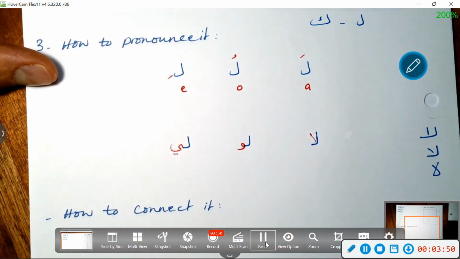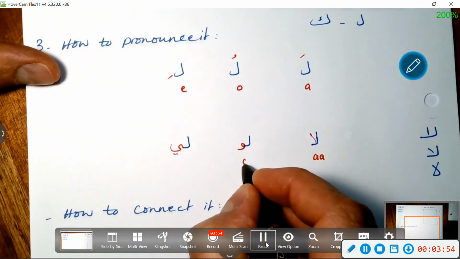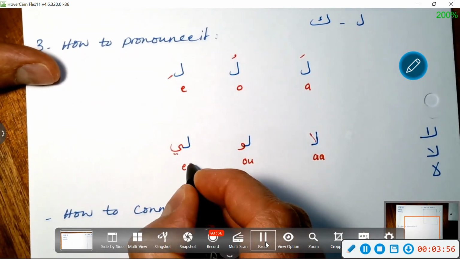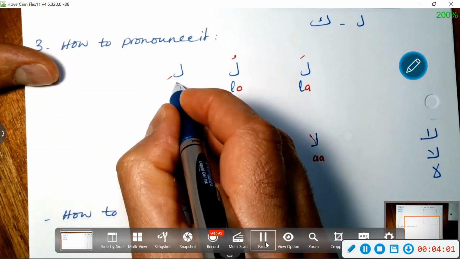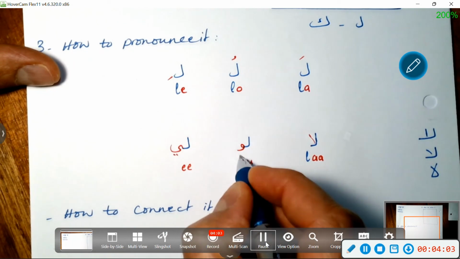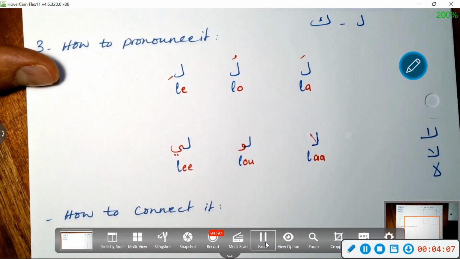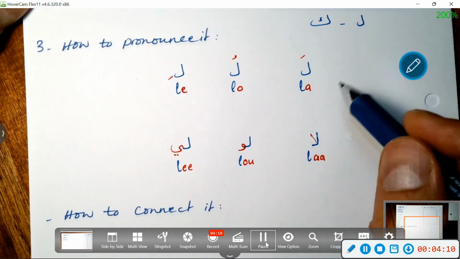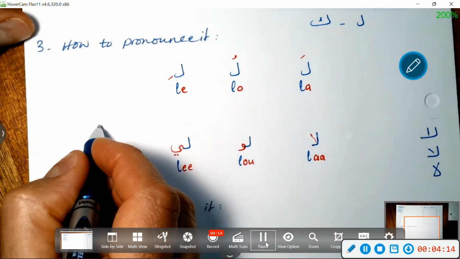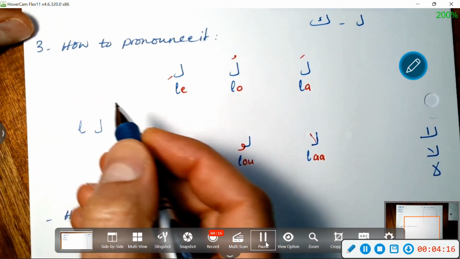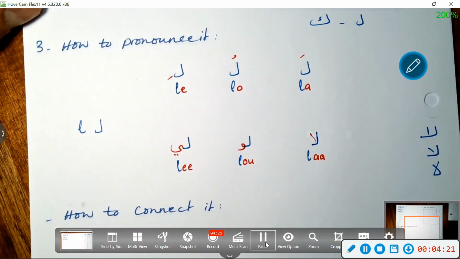La, lu, li. And this is in English. If you take note, you'll notice that lam in Arabic and L in English look exactly the same, except they're kind of inverted.